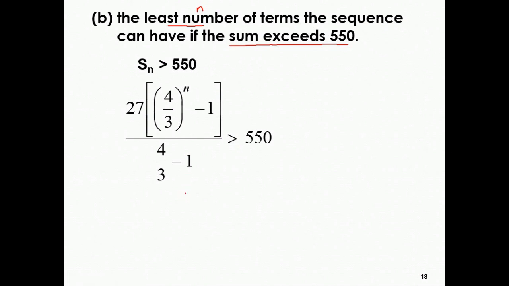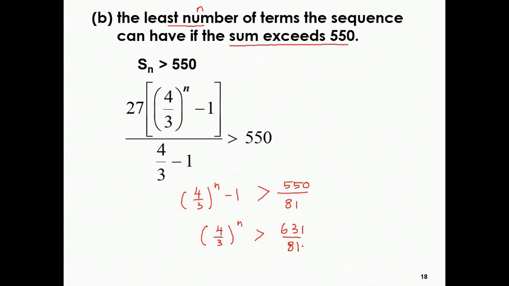We have (4/3) to the power of n minus 1 is greater than 550 over 81. Then (4/3) to the power of n is greater than 550 over 81 plus 1, which is equal to 631 over 81.